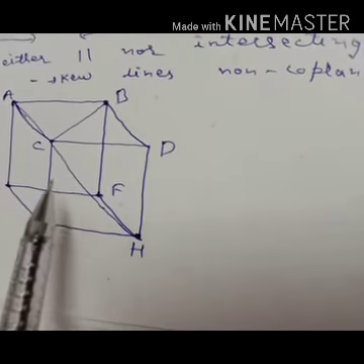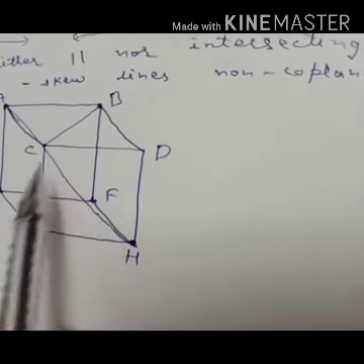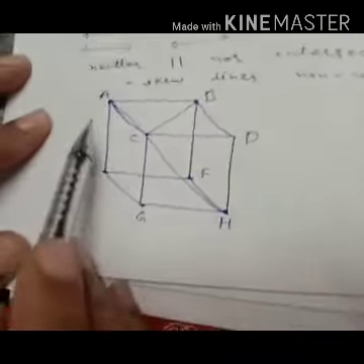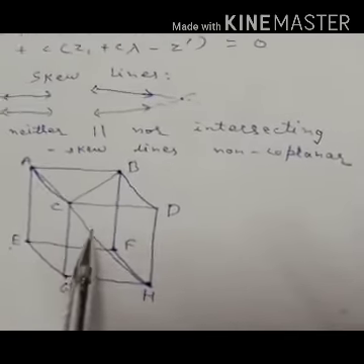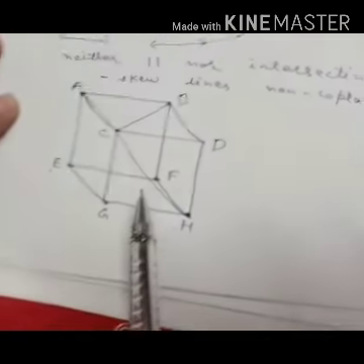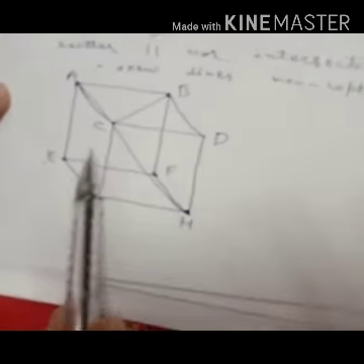Now here we can see that they appear to intersect because the page is two-dimensional and this object is three-dimensional, so we cannot exactly show it.